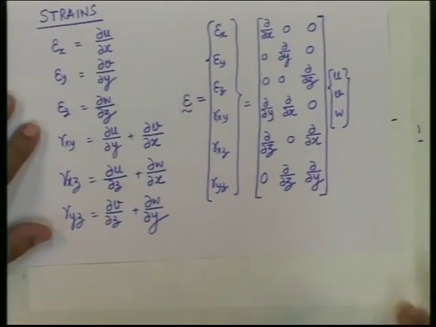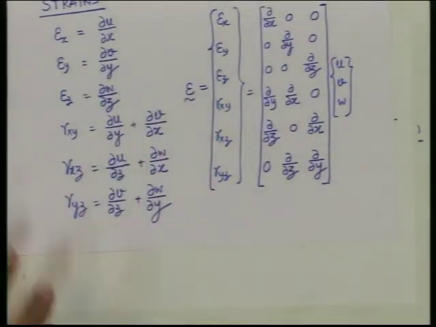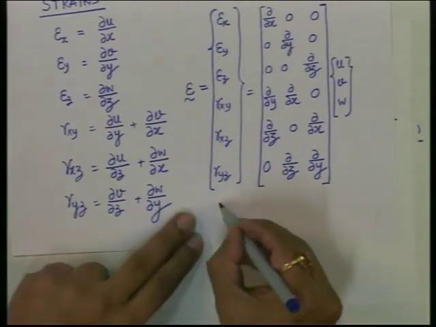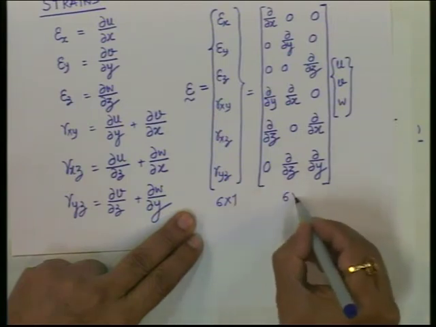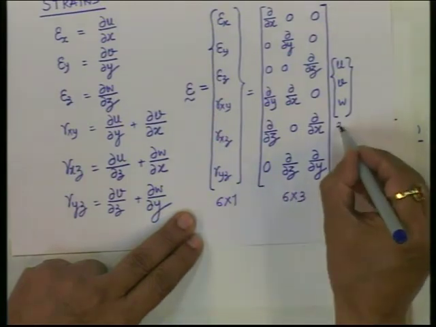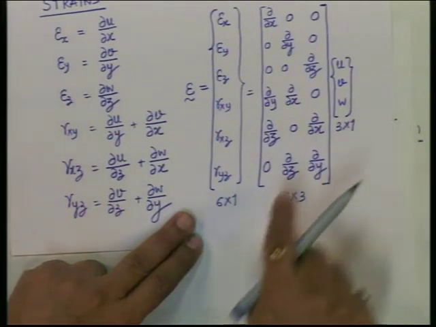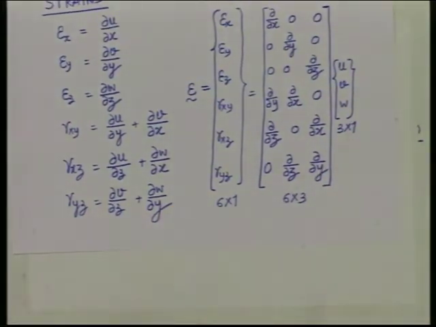Okay. So, the same 6 relations are written in a matrix notation now. Is it okay? This is 6 by 1, this is 6 by 3, and this one is 3 by 1. So finally it is 6 by 1 on both sides.